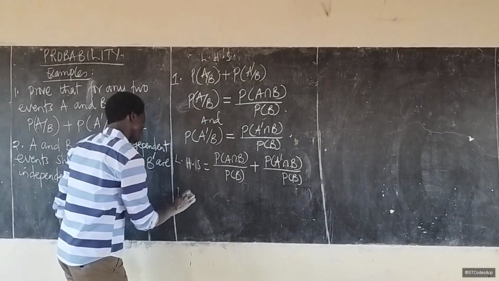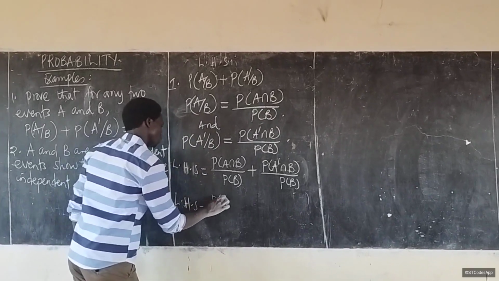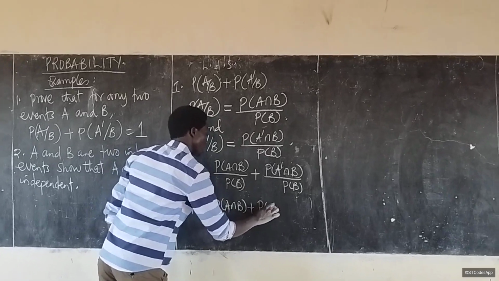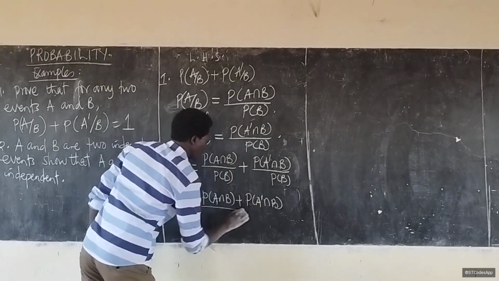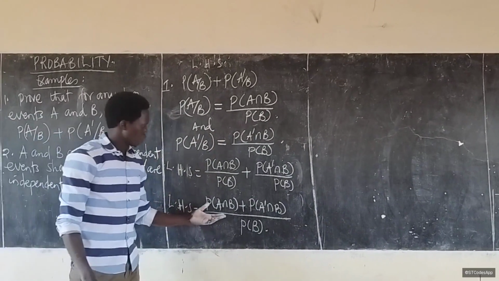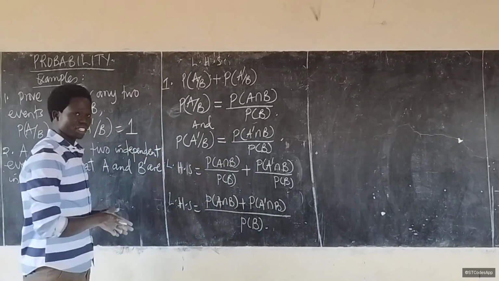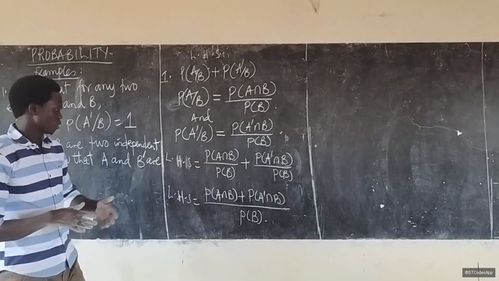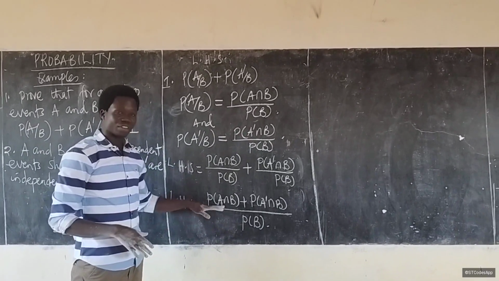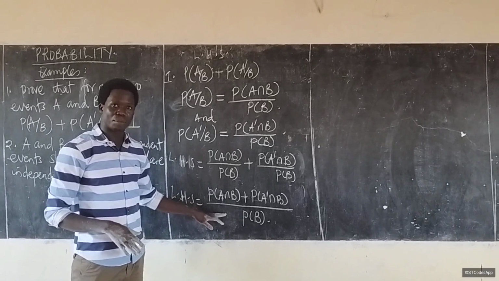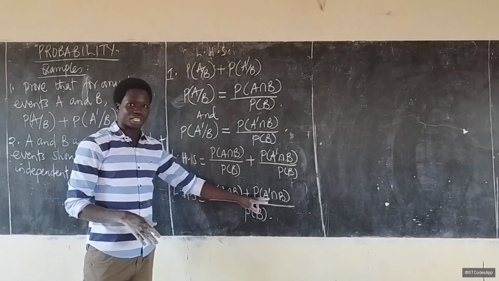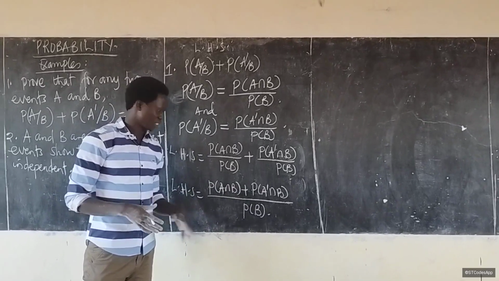So the left hand side becomes probability of A intersecting B plus probability of A complement intersecting B out of the probability of B. Because they have said these events are just any three events, they have not told us whether they are independent or maybe mutually exclusive. So we shall write straight to our contingency table and see how probability of A intersecting B and A prime intersecting B are connected or linked.